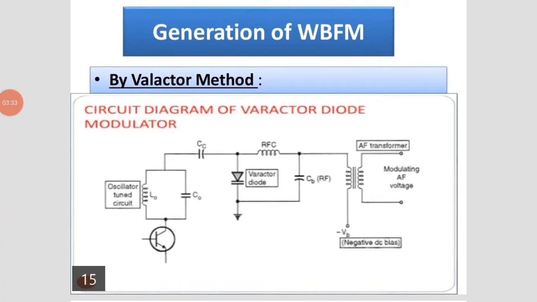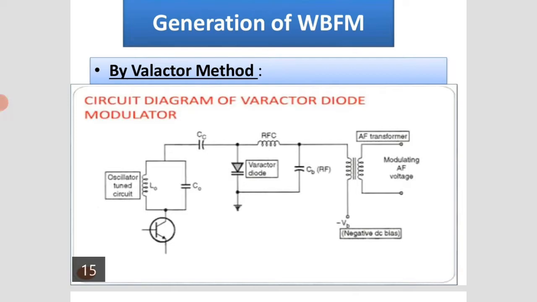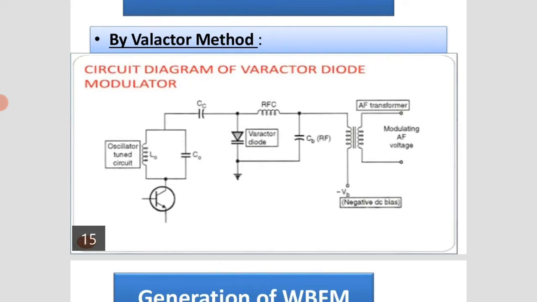The generation of wideband frequency modulation is also done by the reactance method. The circuit diagram of the varactor diode modulator has an oscillator tuned circuit. The input is given to the inductor L and capacitor C, the LC circuit. The output of the LC circuit is given to the capacitor, and after that the RFC, radio frequency coil.